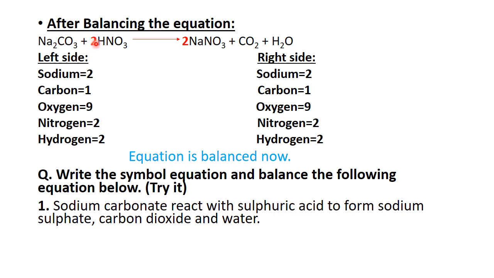Okay. So in this way we are able to balance the equation. It is all about repetition. We have discussed it before in the physical classes. So you should try this equation, write the simple equation, and then you should be able to balance it. Okay.